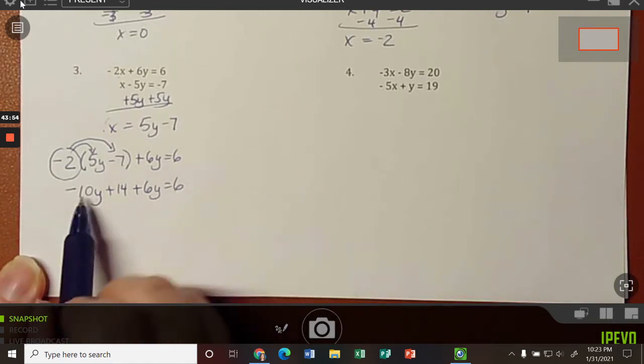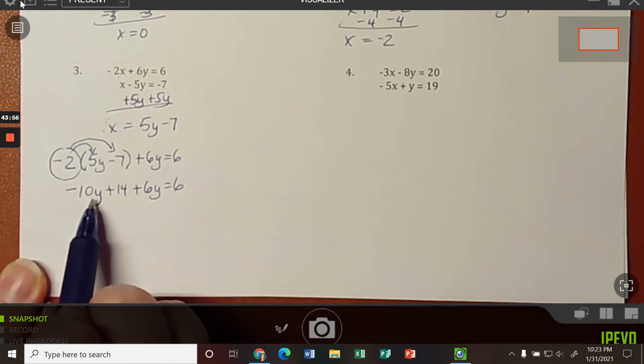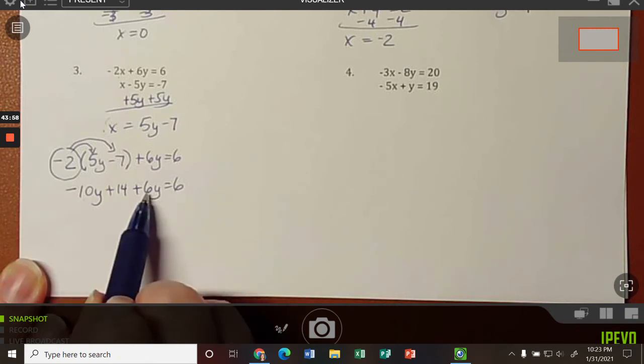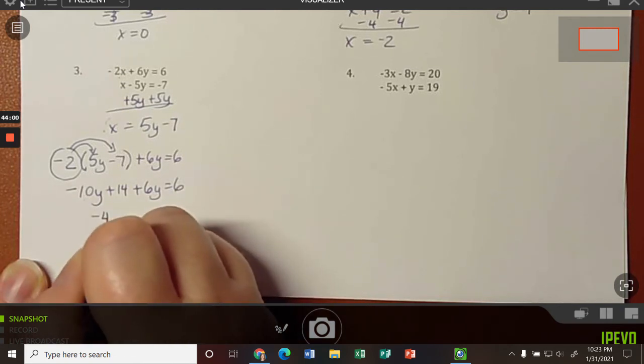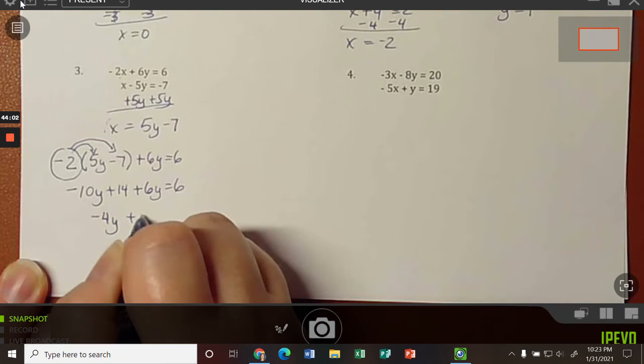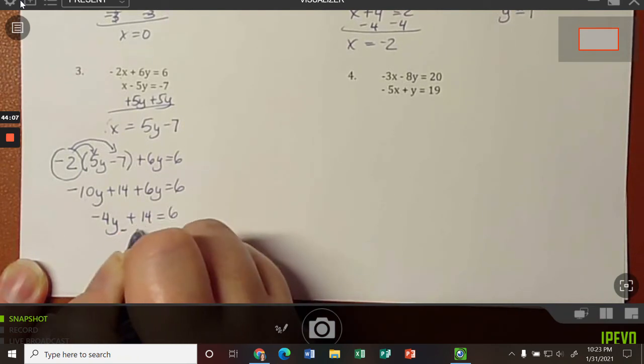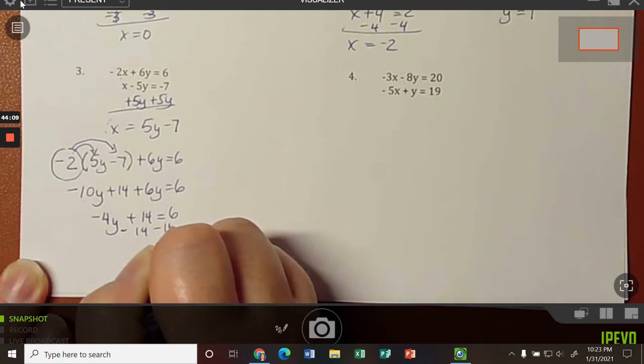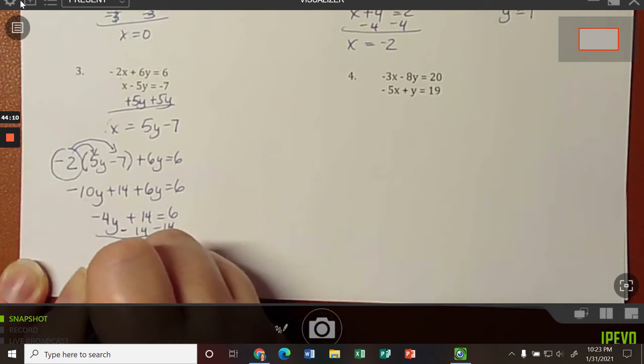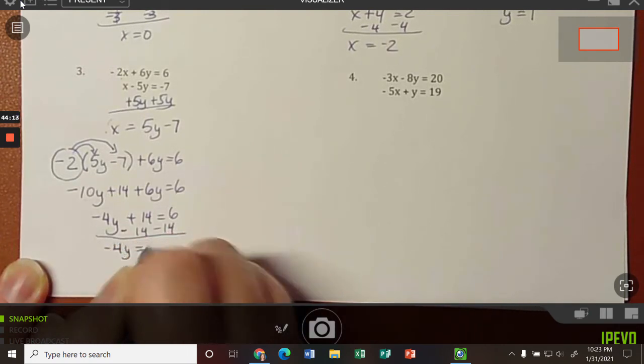Okay, then we're going to combine like terms. We have negative 10y plus 6y, that's negative 4y. Bring down the plus 14 equals 6. Subtract 14 from each side. This gives us negative 4y equals negative 8.